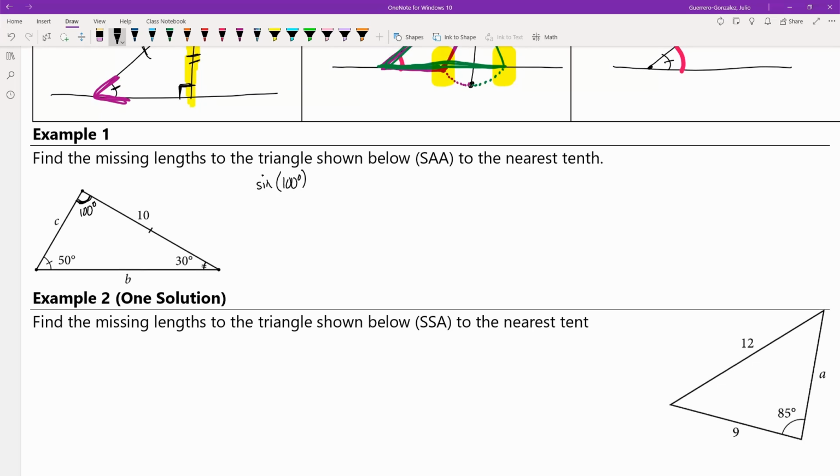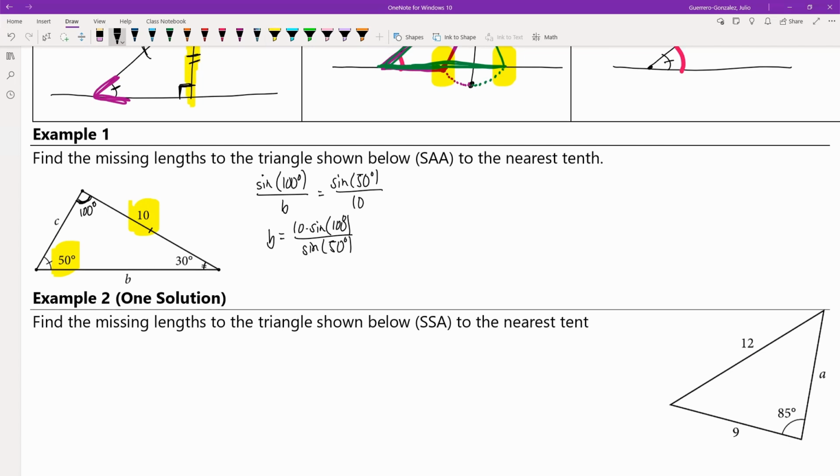In order to find B, sine of 100 degrees all over B is equal to, I'm going to use the 50 because hopefully you guys see this. The angle and the side are provided here for both. Sine of 50 degrees over 10. So then that means my B has got to be 10 times sine of 100 all over sine of 50 degrees.